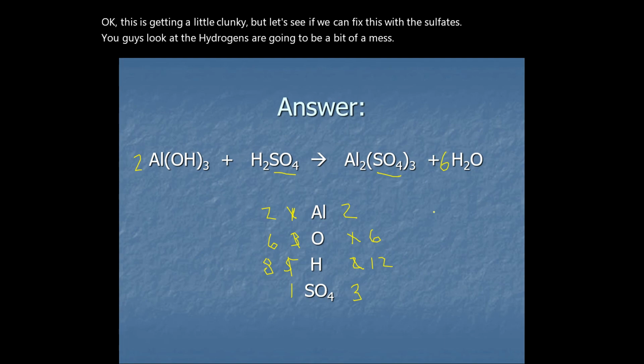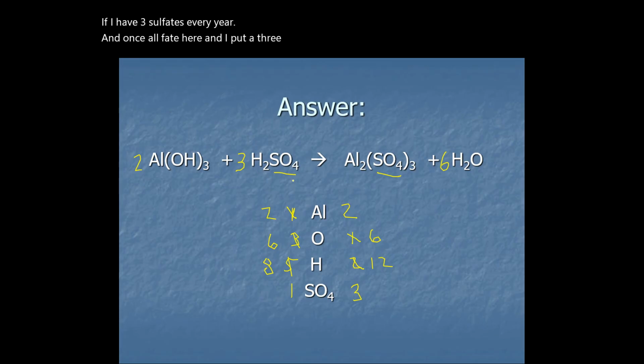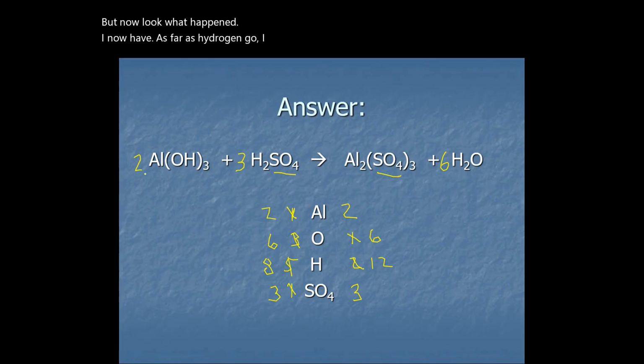If I have 3 sulfates over here and 1 sulfate here, and I put a 3 out in front of this compound, that means I'm going to have 3 sulfates. But now look what happened. As far as hydrogens go, I have 3 times 2, or 6 here.